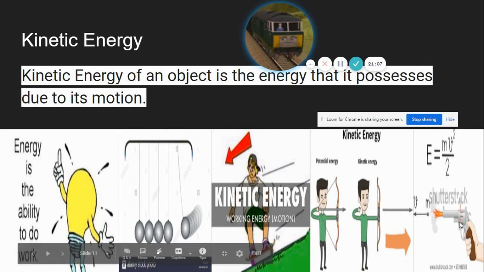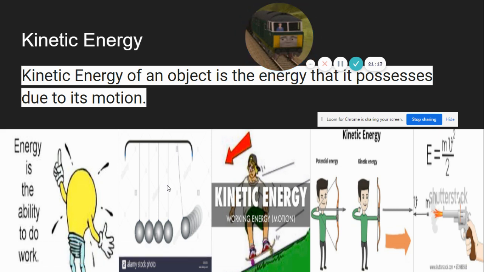All right, so the third picture represents a man skateboarding down a long river. So the kinetic energy, working energy motion, is when a person looks so nervous. What do you think he looks like in this third picture?